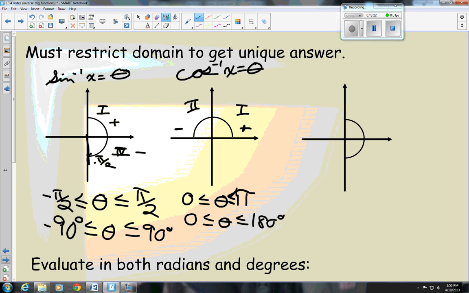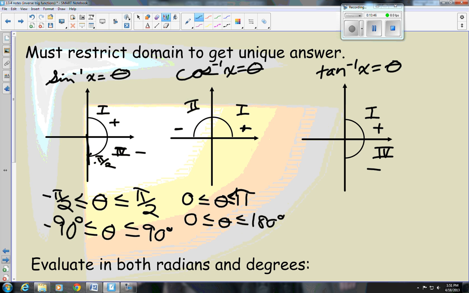Okay, the third function, we're not going to do all the reciprocals, we're just going to do 3. The third inverse function we're going to look at is the inverse tangent of x equals theta. And it's like the sine. When it's in the first quadrant, it's positive. When it's in the fourth quadrant, it's negative.